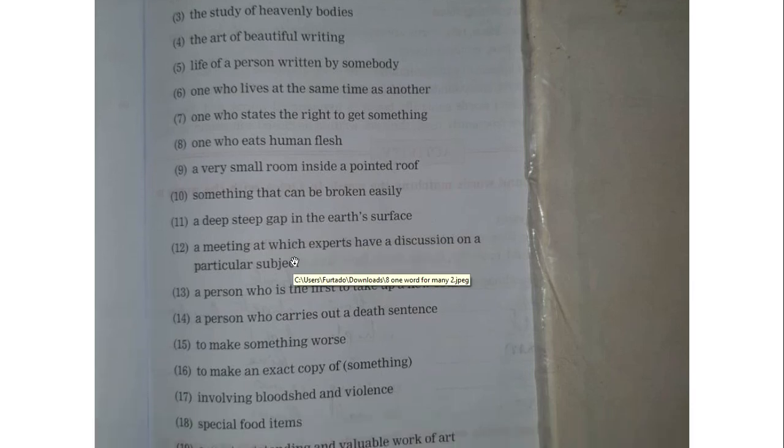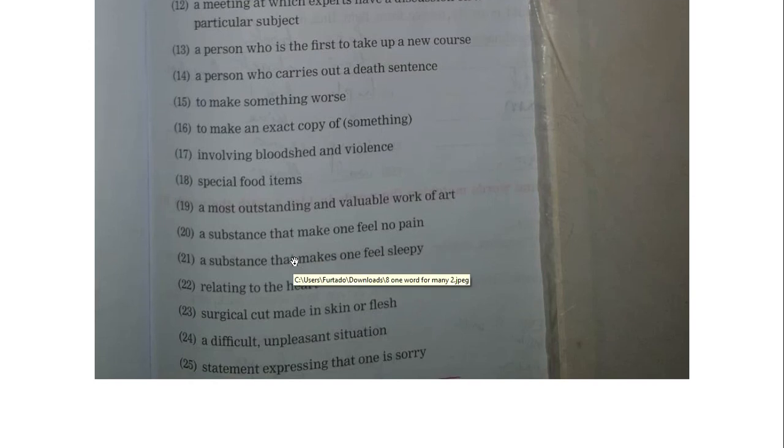A meeting at which experts have a discussion on a particular subject. A person who is the first to take up a new course. A person who carries out a death sentence. To make something worse. To make an exact copy of something. Involving bloodshed and violence. Special food items.